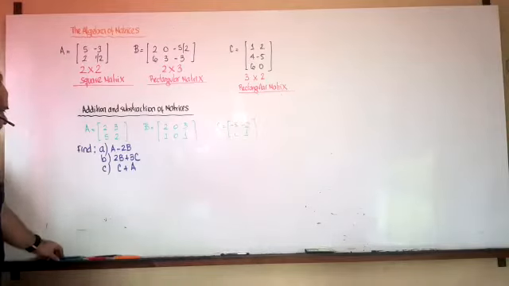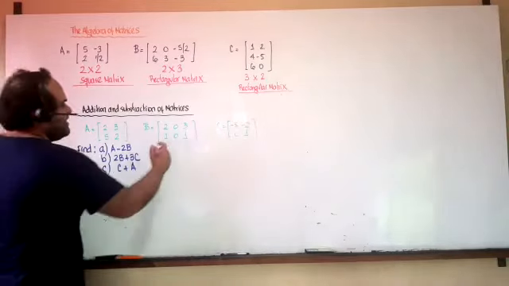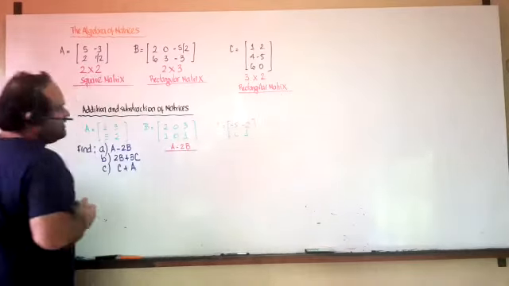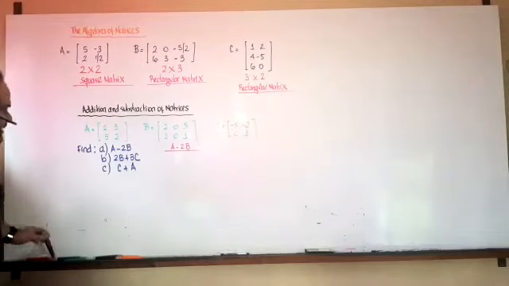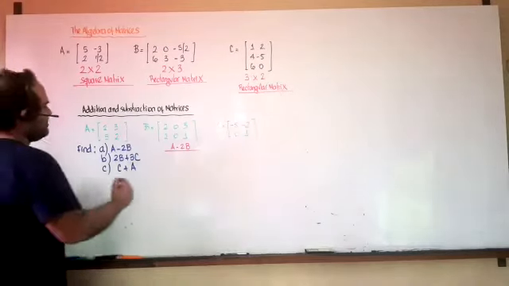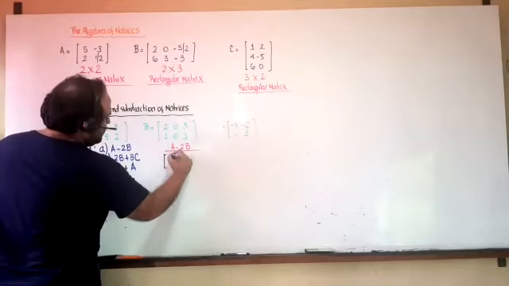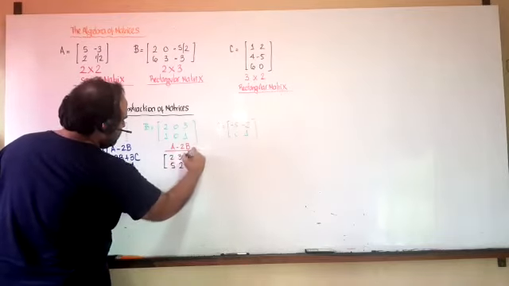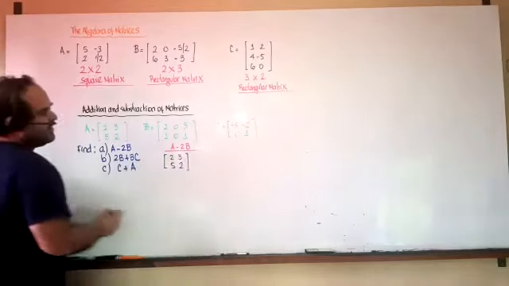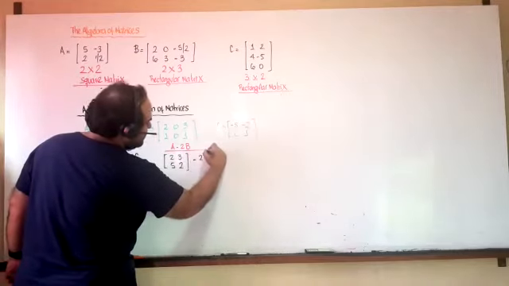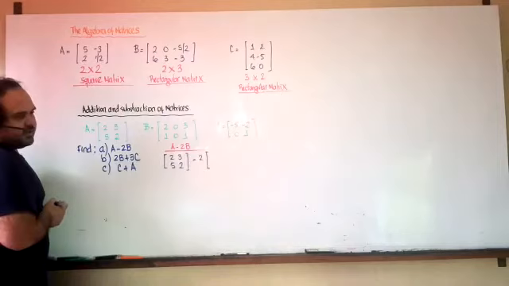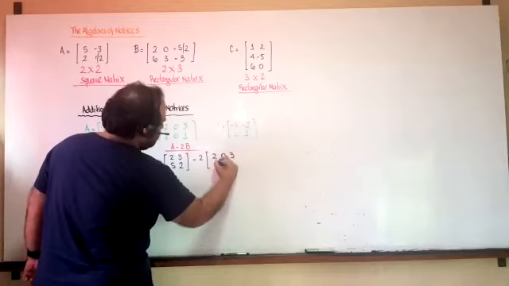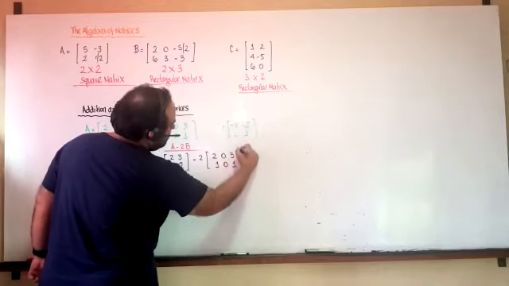All right, for the first command, A minus 2B, we first copy the matrix A, which is 2, 3, 5, and 2, minus 2 times the matrix B. What is matrix B? 2, 0, 3, 1, 0, 1.